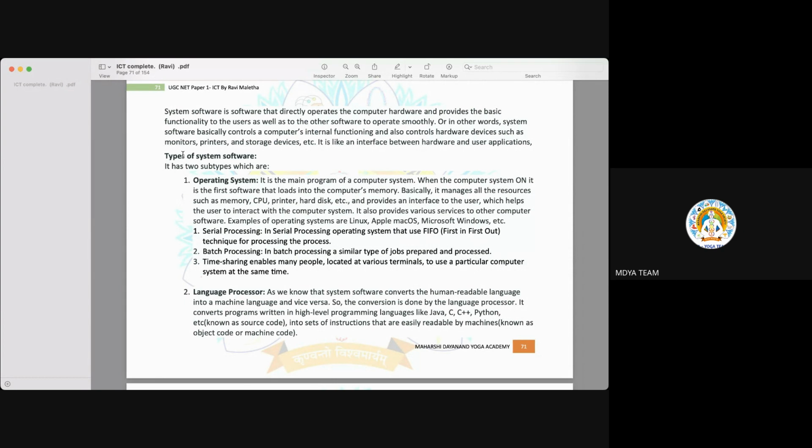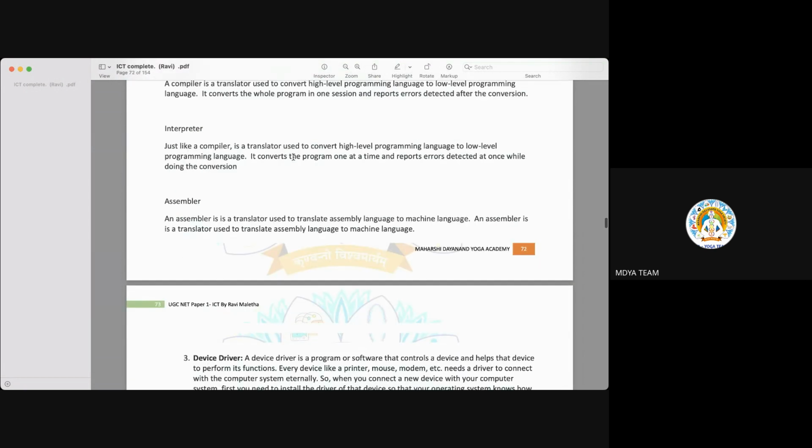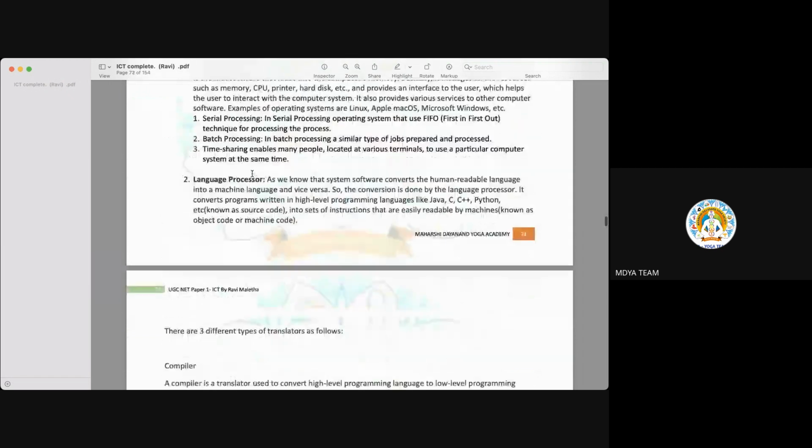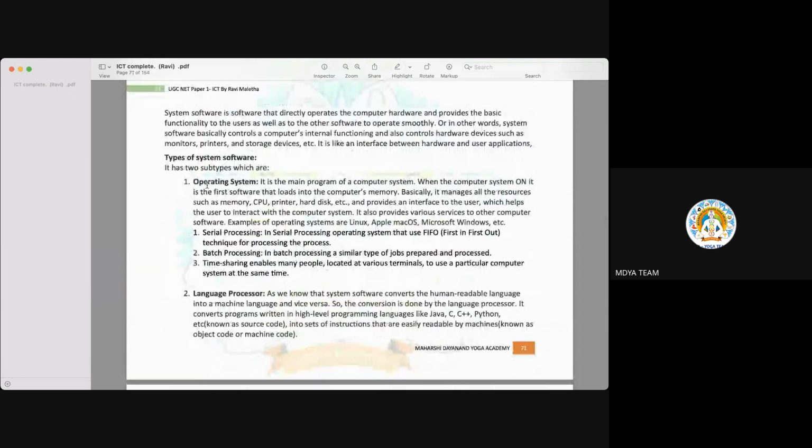So what are the types of different system software? Basically, two types: operating system and language processor, and also some device drivers. So what does operating system mean? Operating system is the main program of a computer system.